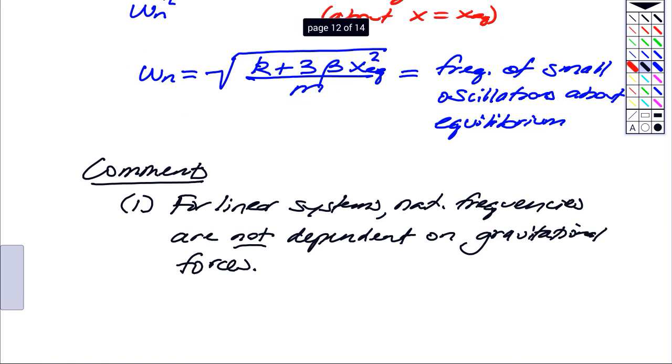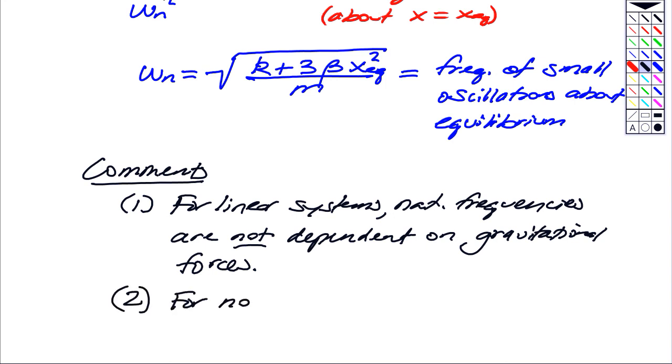It's just the effective stiffness k divided by m with a square root. Gravity does not come into play. Said in a different way, an oscillator moving on the Earth would have the same natural frequency as it would on the moon, where the gravitational attraction is far less. So it doesn't depend on g.